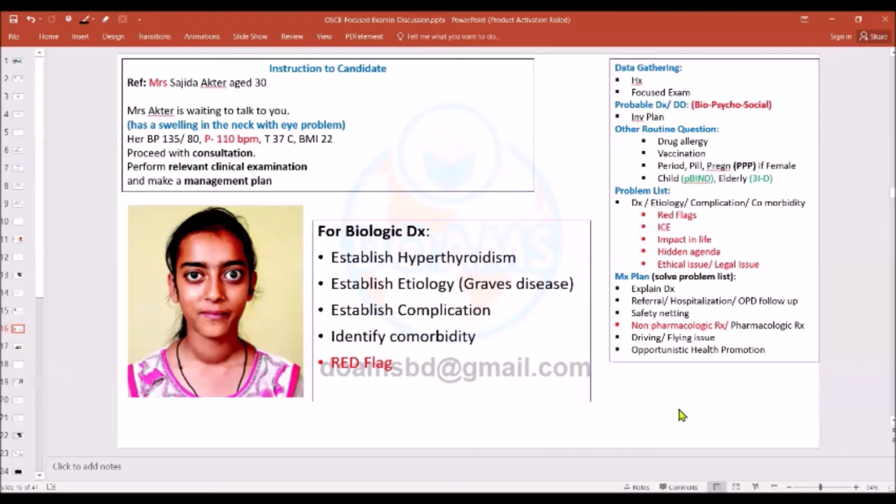So now tell me which system we actually covered in this diagnosis. That is the Graves' disease with hyperthyroidism. Which system? First of all, endocrine system. Then, please, doctor, anyone join with me? Cardiovascular. Musculoskeletal, very right.